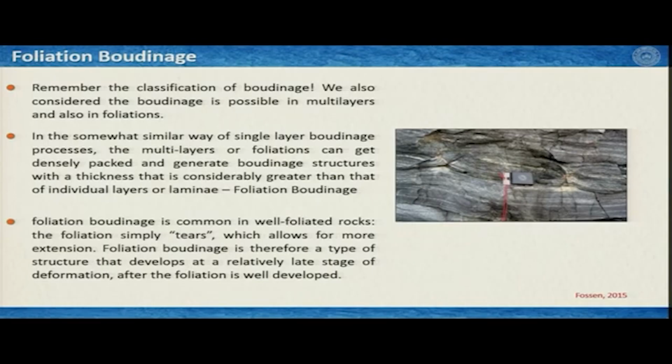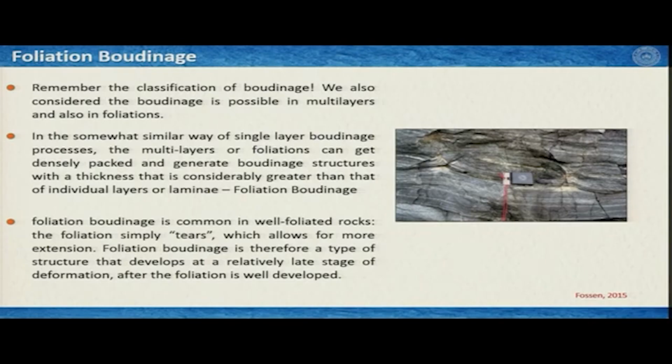Now, in a somewhat similar way to single layer Boudinage processes, the multilayers or foliations can get densely packed and generate Boudinage structures with a thickness that is considerably greater than that of individual layers or lamina, and these are known as foliation Boudinage. Now, what do we mean by this?